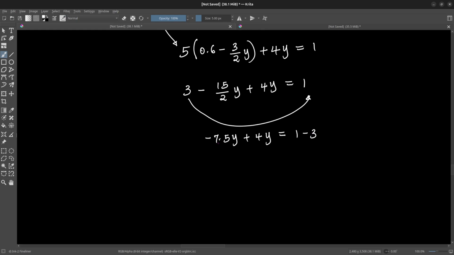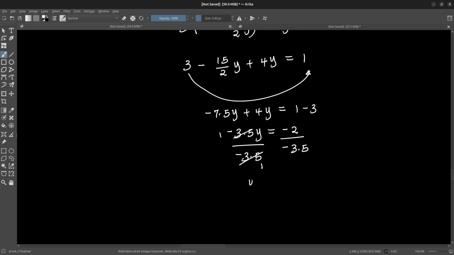So negative 7.5y plus 4y, that's going to be negative 3.5y. This is equal to 1 minus 3, which is negative 2. Then to get the value of y, we divide both sides by negative 3.5. On the left side, we are left with y.